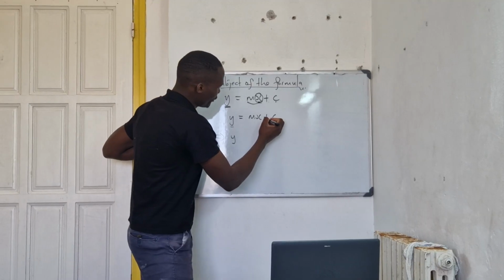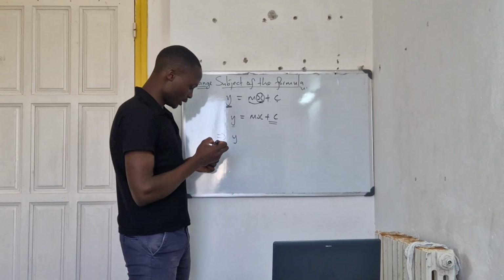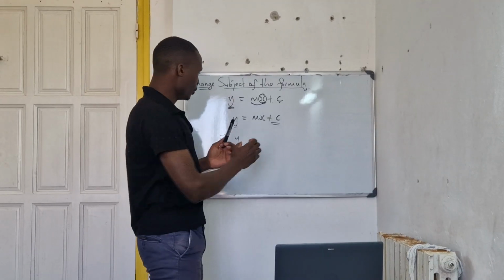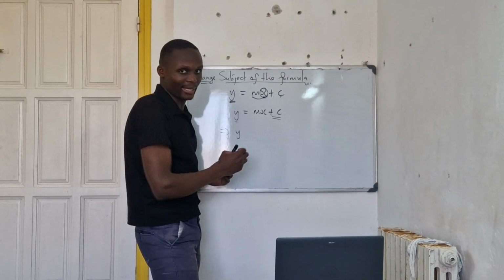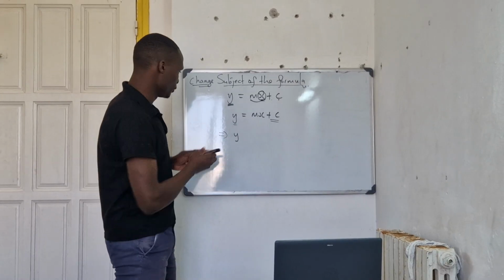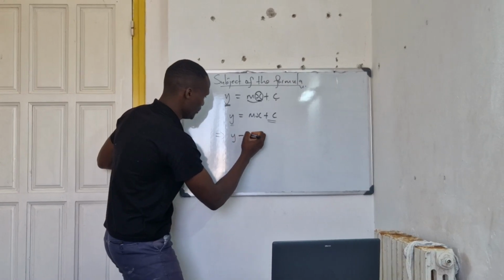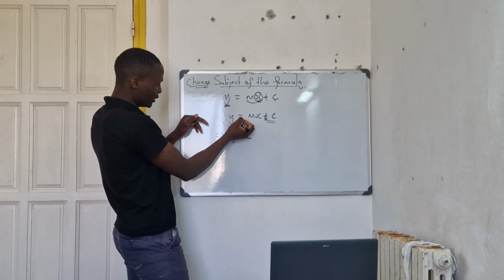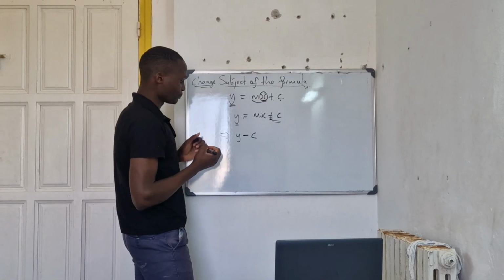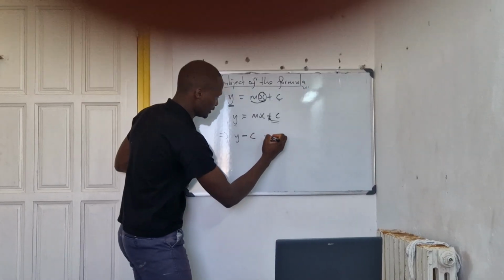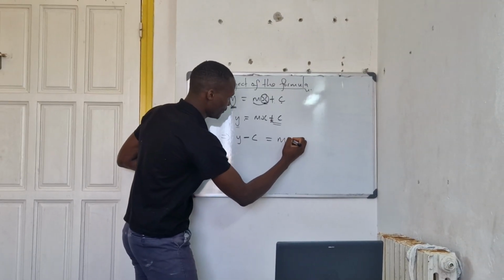But we also have this plus c, so we can shift this plus c to the left side so that we remain with the mx. Then it will be easy to get rid of m. So we are now saying minus c, because this is positive. After jumping to the left hand side, it becomes minus, which is equal to mx.